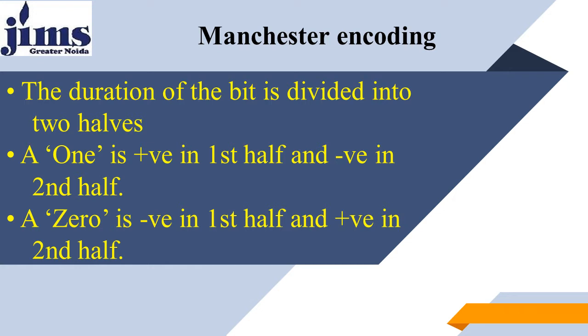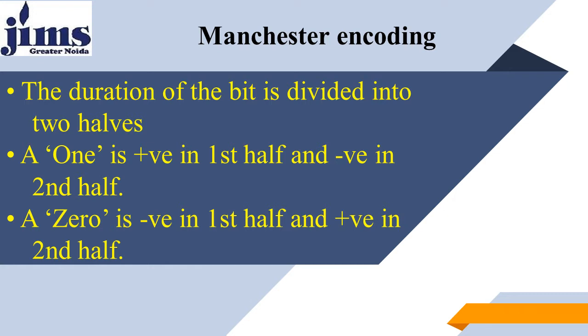This is another form of encoding that we utilize in digital communication systems. Again, in digital data we have two possibilities, either 1 or 0. So whenever 1 comes in the picture, for 1 in a particular time period, or you must say bit period, there is a transition in the signal to represent 1, and that transition starts from positive to negative.